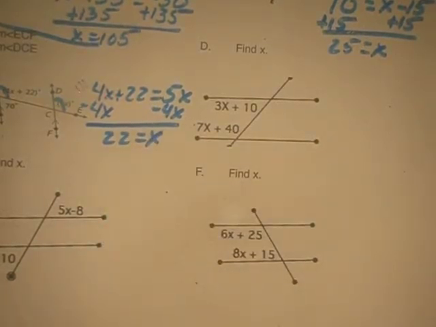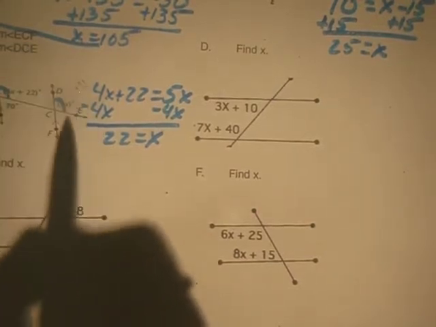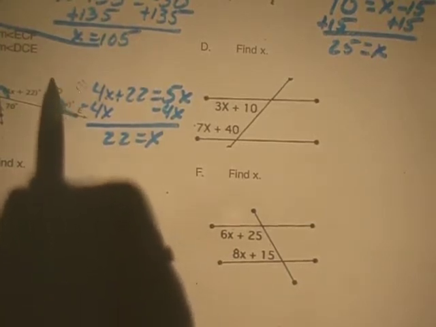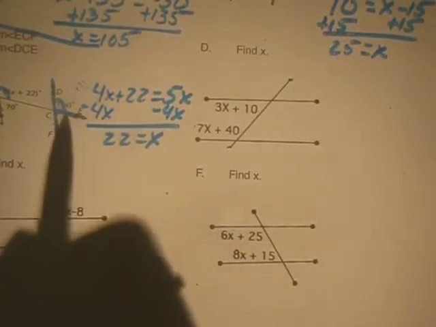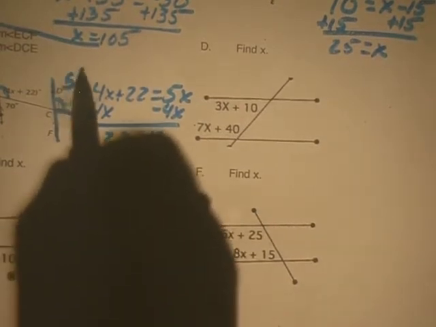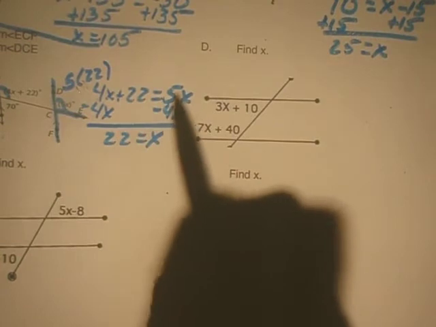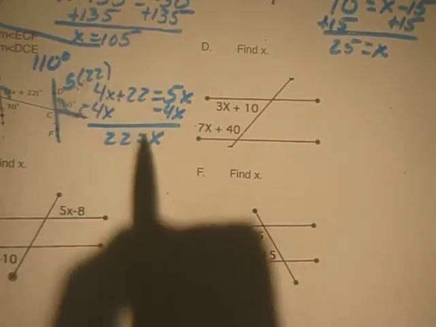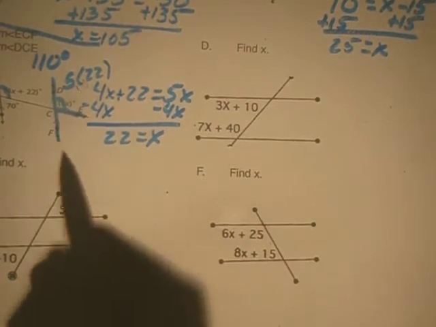It's not our final answer. We were asked to find two angle measures, angle ECF, which is right here, and angle DCE. I'm going to start with the DCE. 5 times 22 is 110. So that angle is 110 degrees.